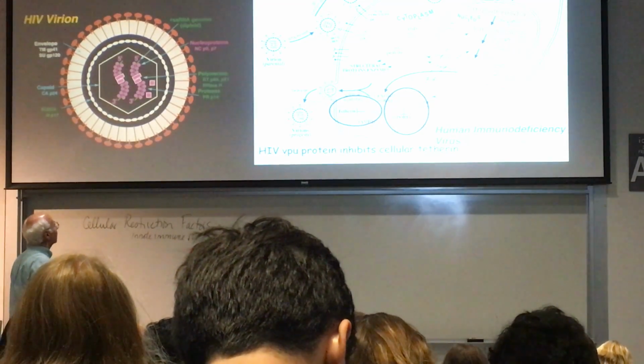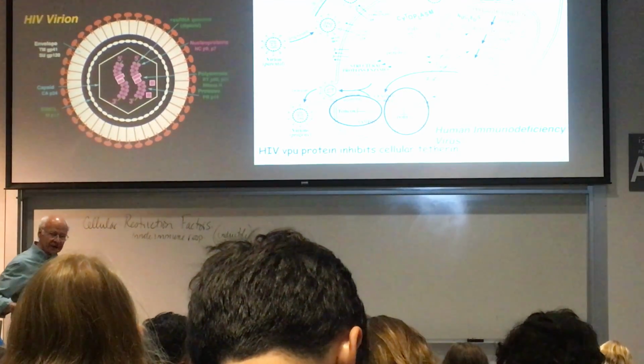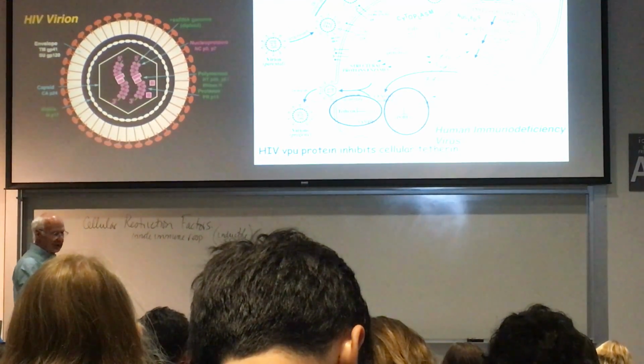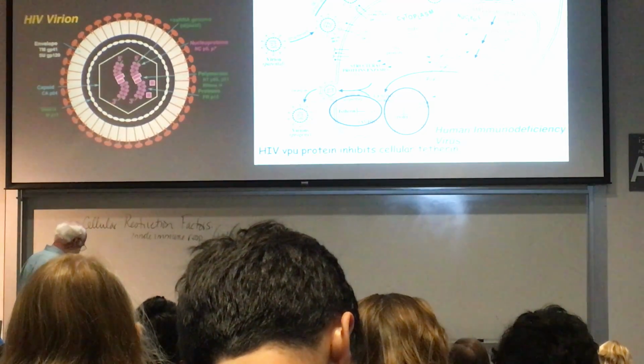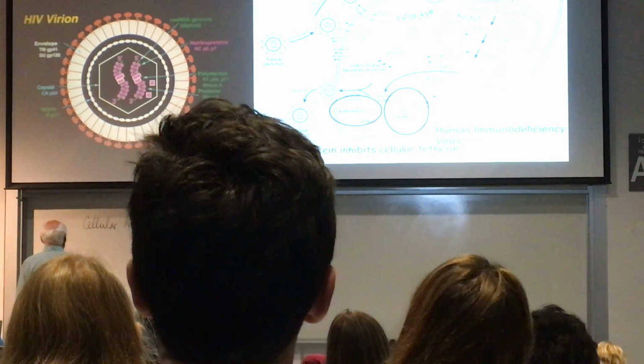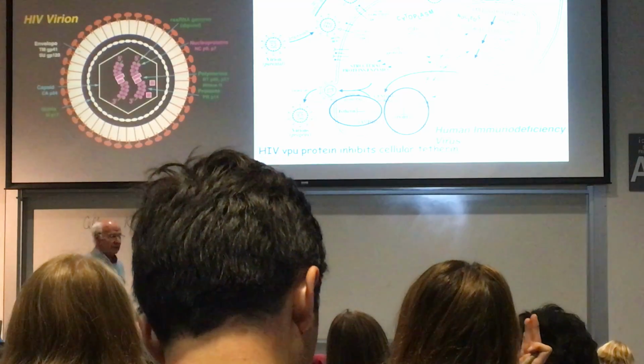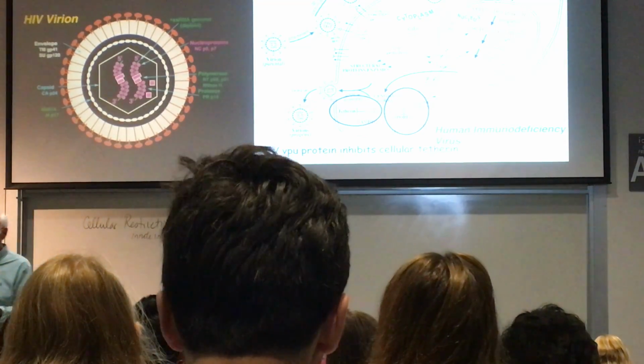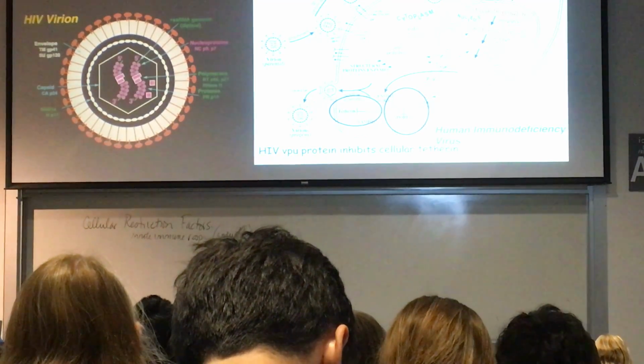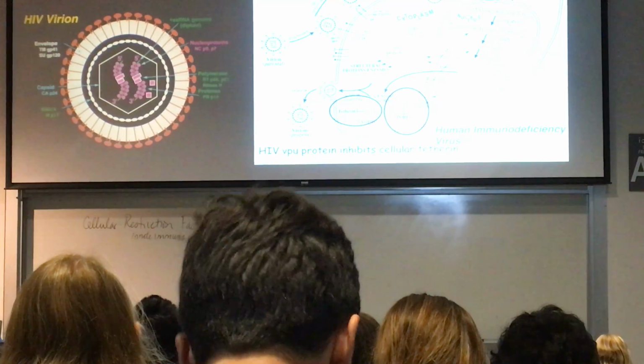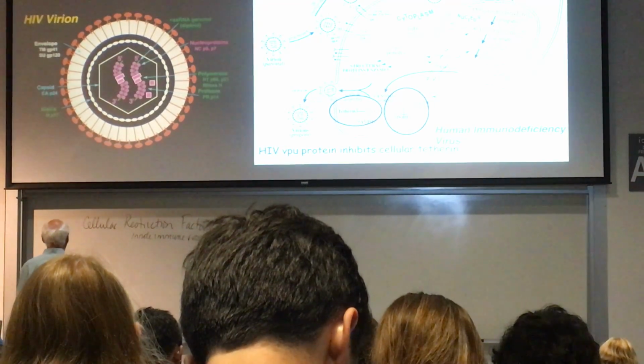So they can serve as powerful restrictors of HIV replication. So the virus, though, has evolved strategies to inhibit these cellular components. So what are some of the components and how do they work?